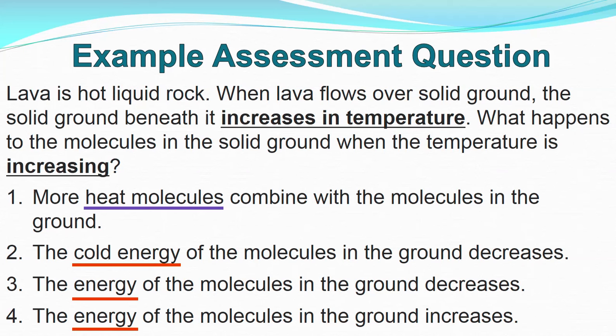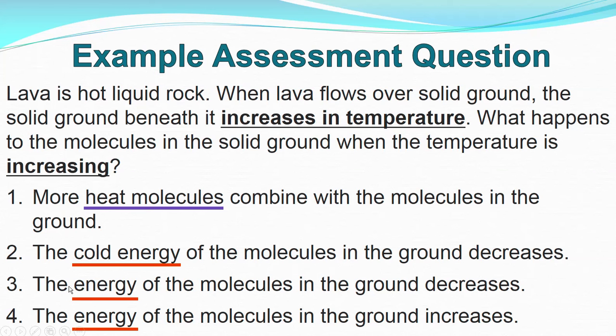The word cold is not a word that describes kinetic energy. It's just a word that describes temperature, which is the average kinetic energy. In this case, cold energy is not a real thing. So again, just like choice 1, we can eliminate that from consideration. Energy could be called kinetic energy, but it could not be called cold energy.